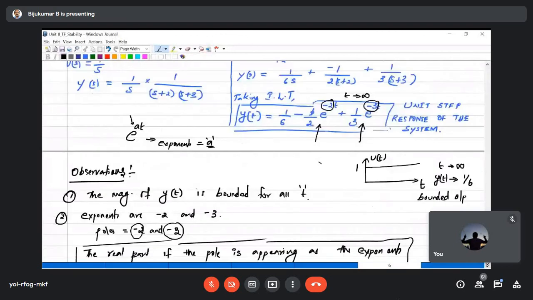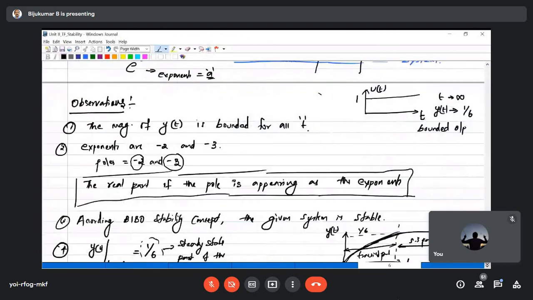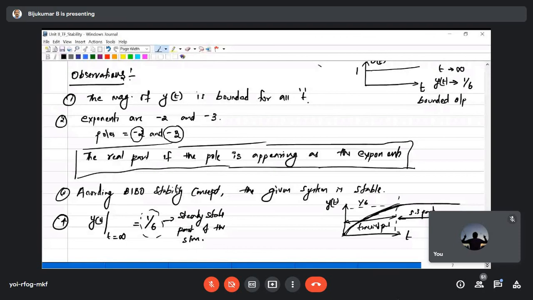One important observation is that the exponents in y of t refer to the real part of the pole, and the magnitude of y of t is bounded for all t. The steady state value, obtained by setting t equal to infinity, is 1/6. And according to BIBO stability theory, the given system is a stable system.